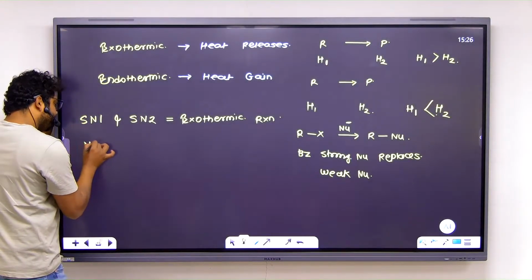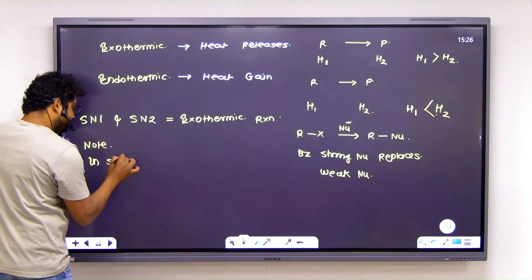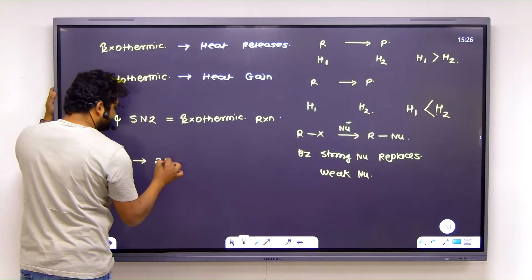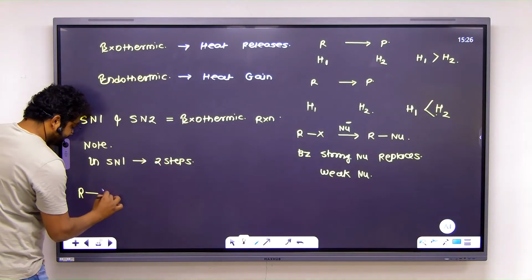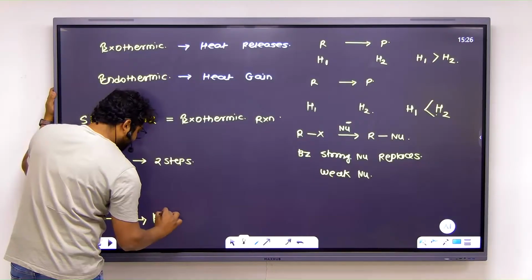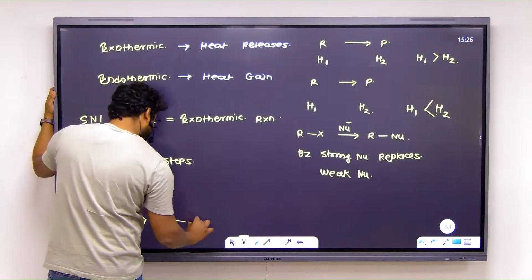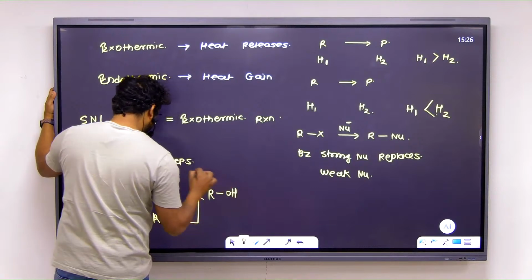Now very important note, in SN1 reaction there are two steps. First step is formation of carbocation and second step is formation of alcohol.